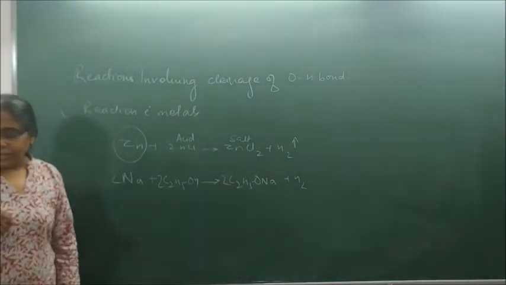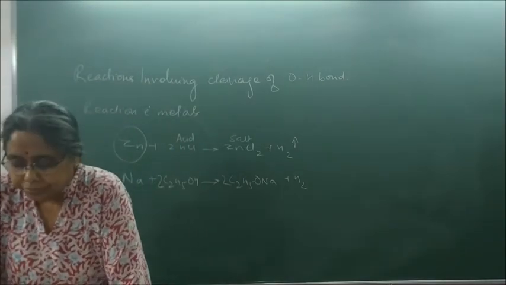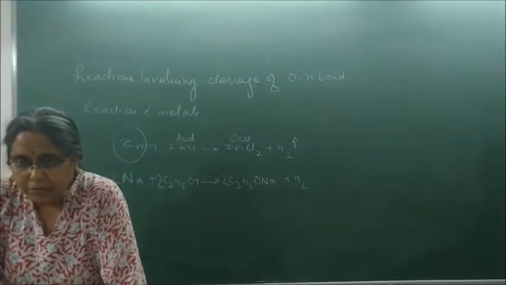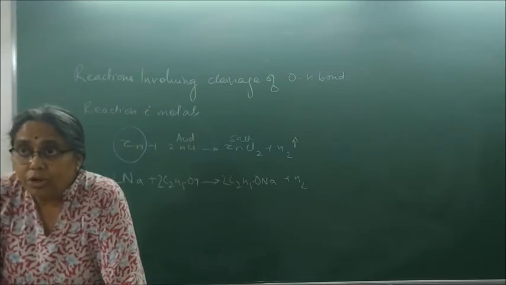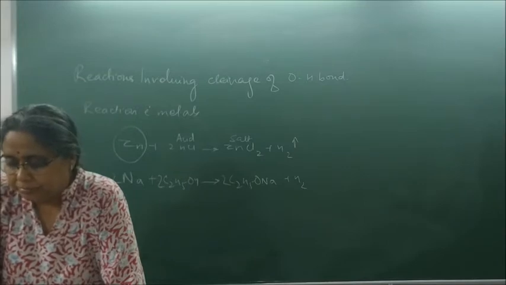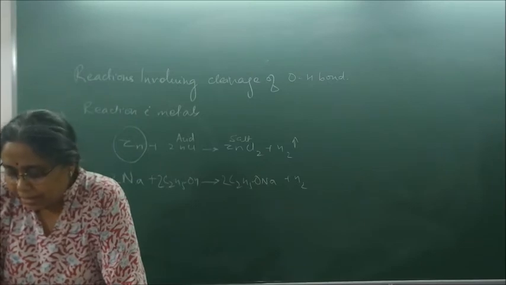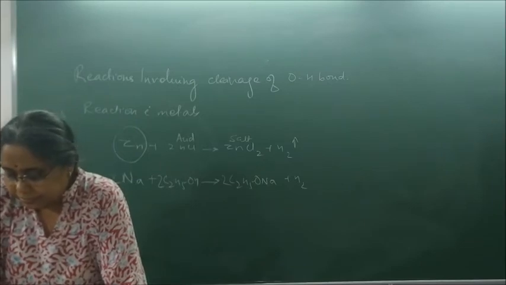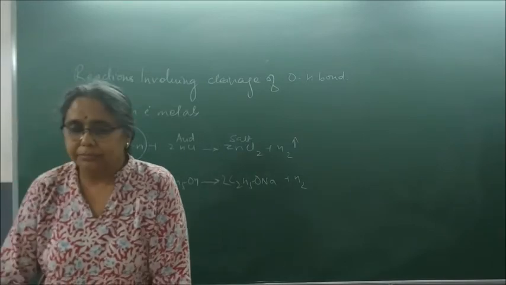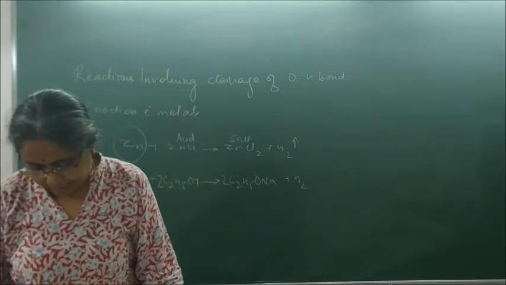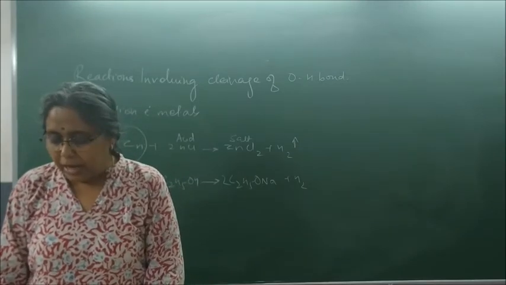Reaction with metals: alcohols and phenols react with metals such as sodium, potassium and aluminium to give alkoxide and liberate hydrogen gas.